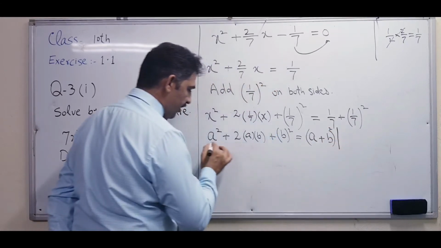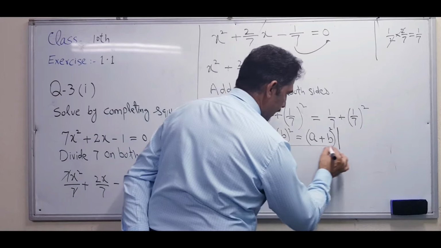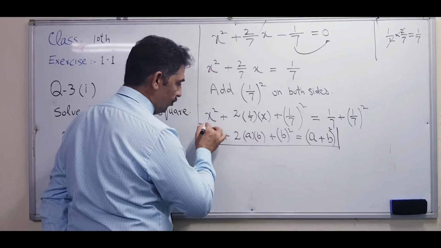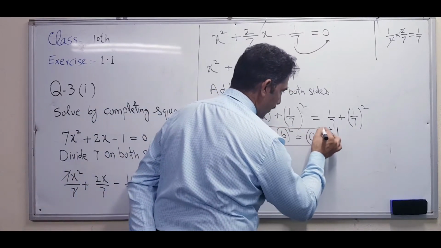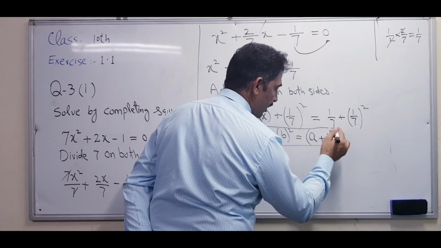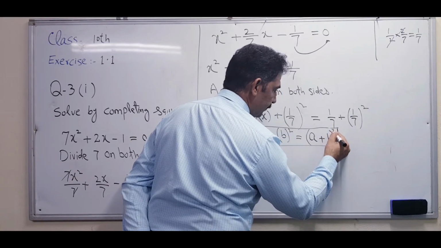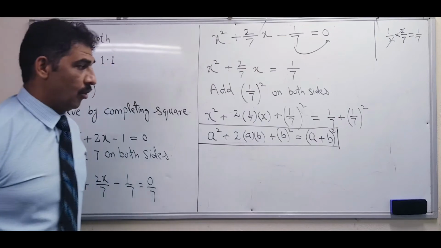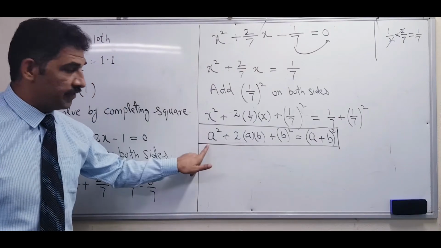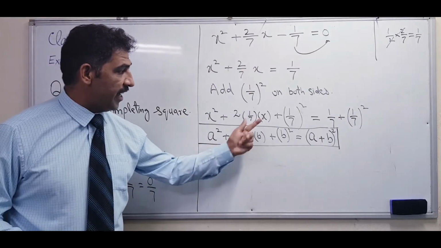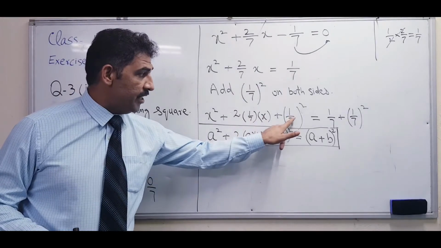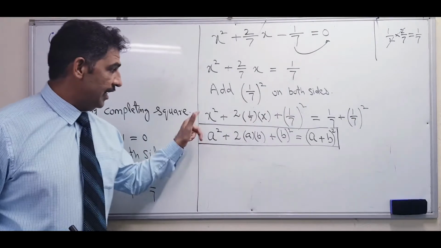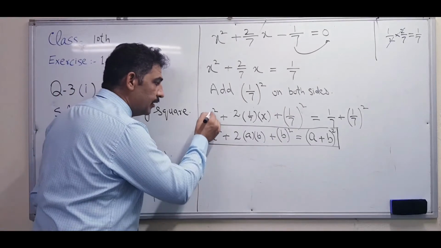This formula I want to use, that's why I will close it in a box, so keep in your mind, this is the formula which I am using. See that the first term is square, 2 into first element, second element, 2ab, plus b square, here also having square, like here also having square, the first term.